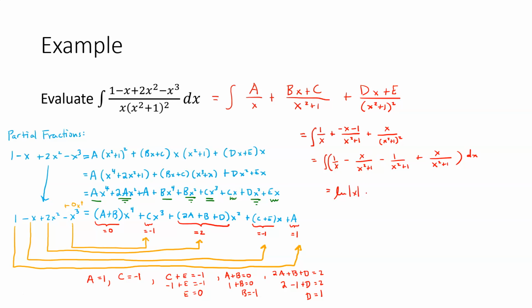Remember, x over x squared plus 1 will be minus 1/2 ln of x squared plus 1. Remember, this is our tan inverse. So that'll be tan inverse of x.